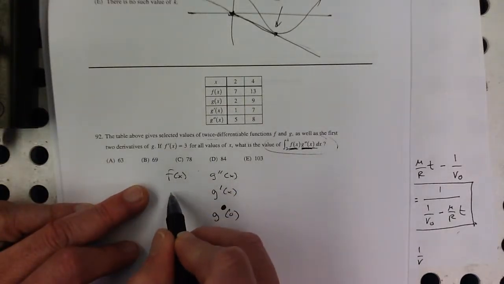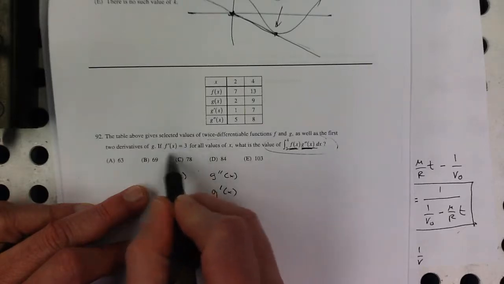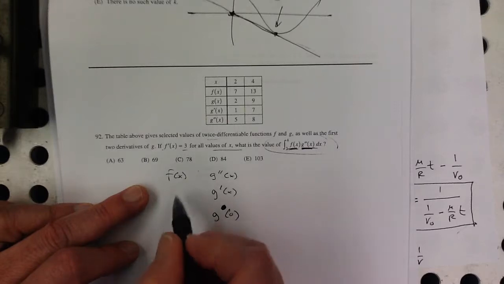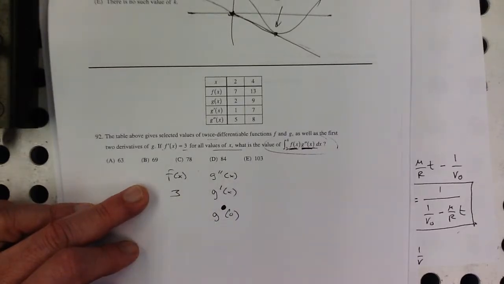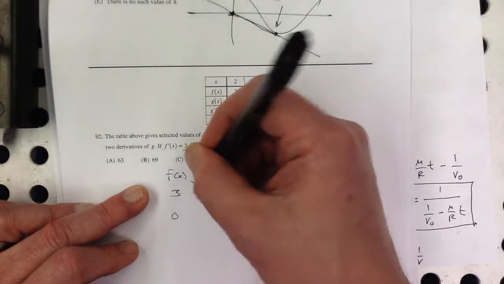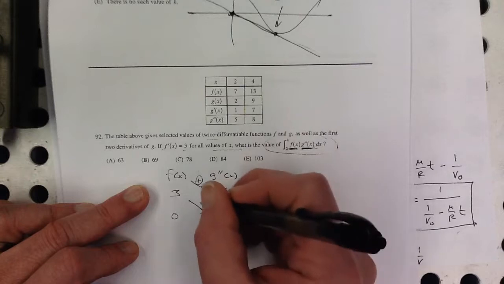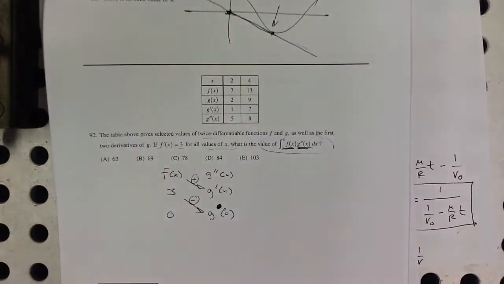f prime of x, here I would take the derivative, but this says f prime of x equals 3 for all values of x. And then if I take the derivative of that, I get 0. So looks like I'm good here. So this technique is going to work here.